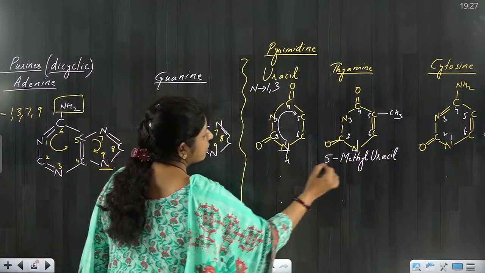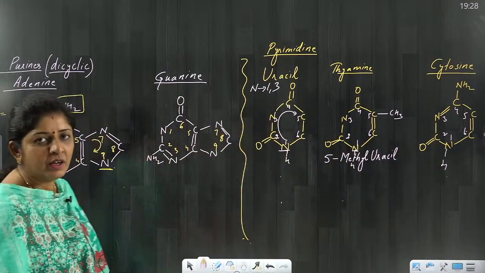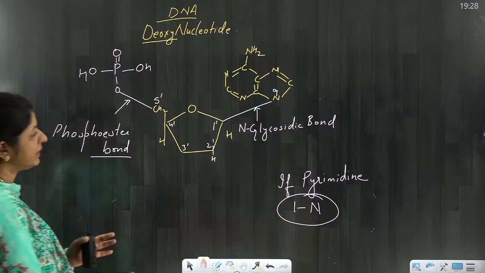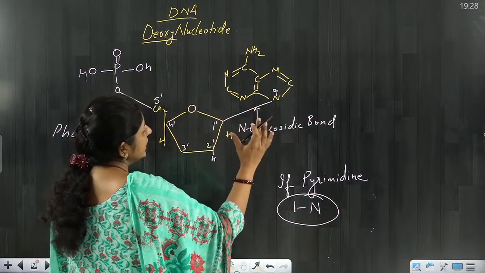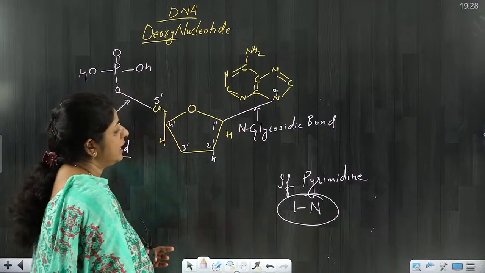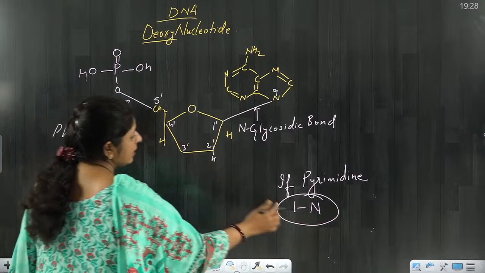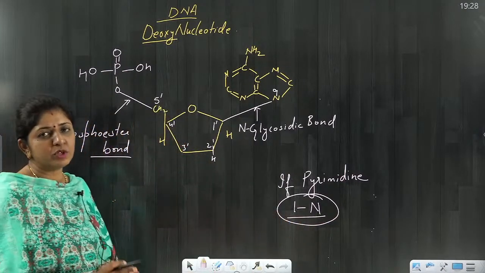It has hydrogen here to complete the valency of nitrogen of 3. So again a water molecule will be eliminated and you will get the purine attached with the sugar. Purine is attached to the sugar at the 9th nitrogen. Pyrimidine is attached to the first carbon with the first nitrogen, and both form a glycosidic bond.